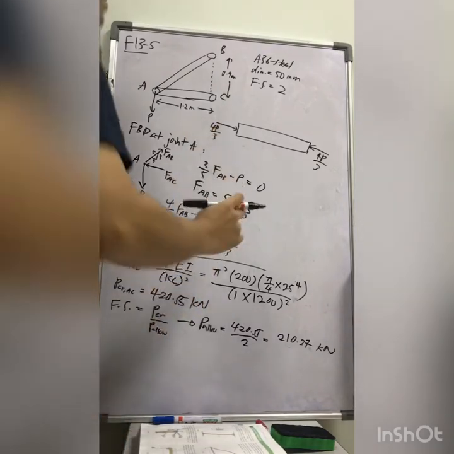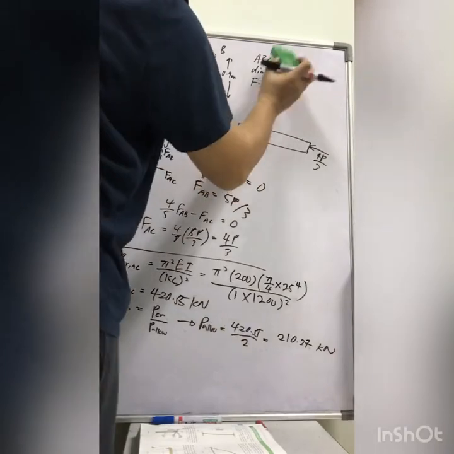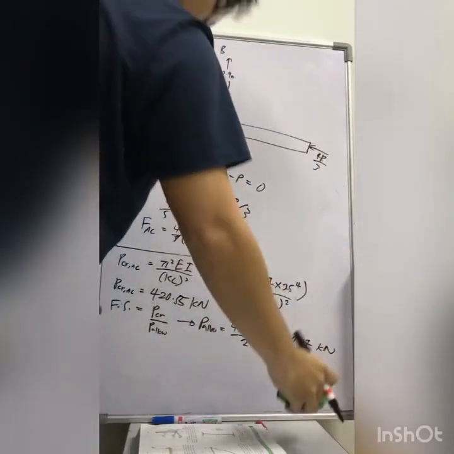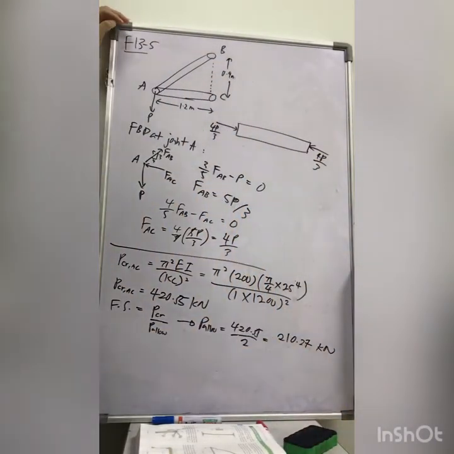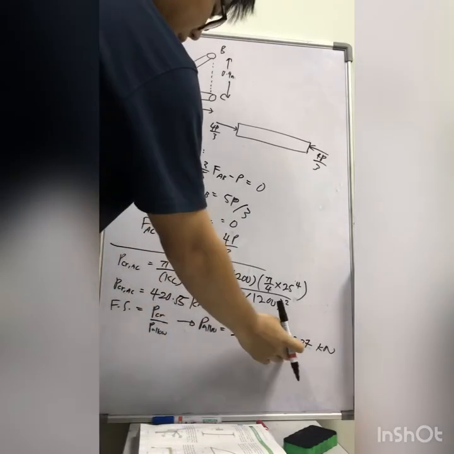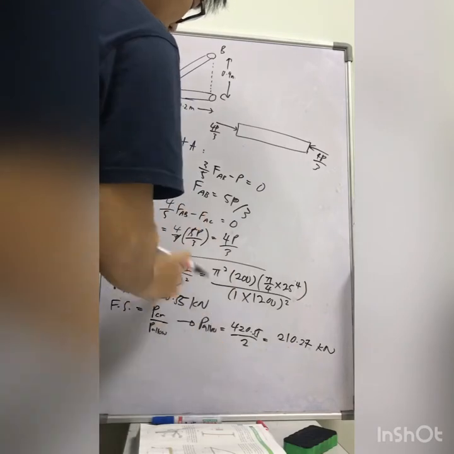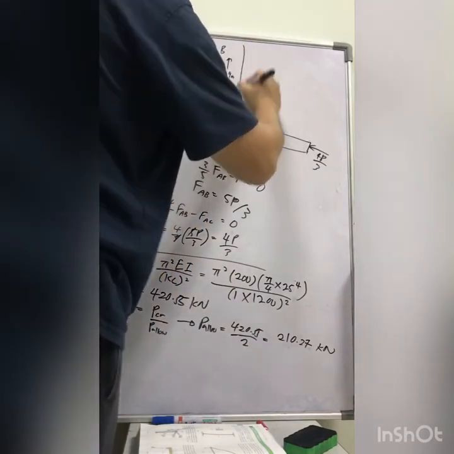Okay, let's go back up there. Now we want to find the maximum P that can be applied. So you use this P allowed against the FAC.